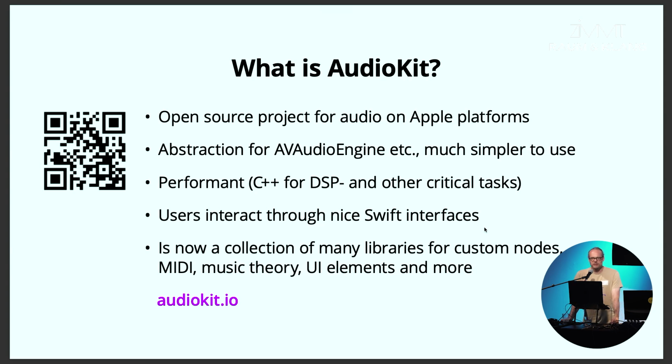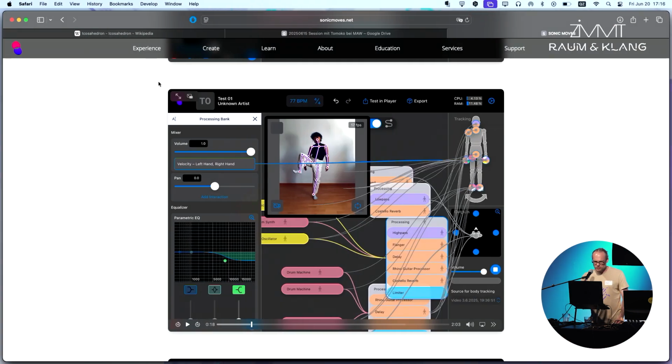It's very performant because the critical code is written in C++. But as a developer, you interact with it through Swift. That's a newer language than the original Apple frameworks were written in. By now, it's a collection of many libraries that can be very useful. I can maybe just show the website shortly.